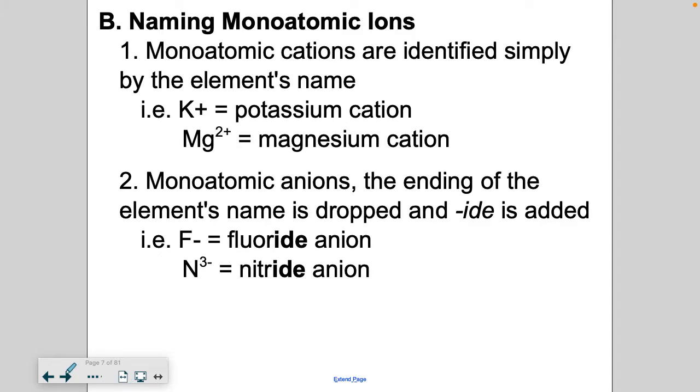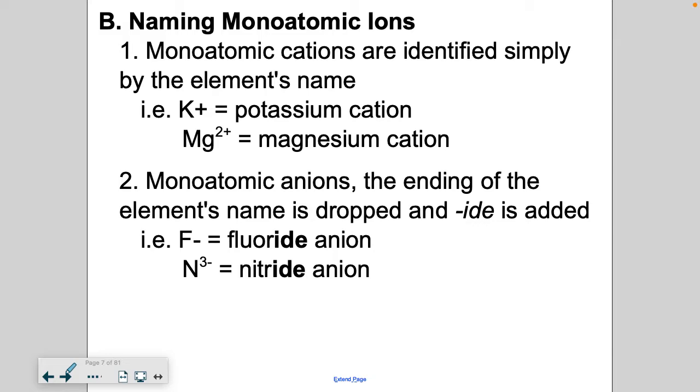So naming monoatomic ions differs between positive ions, cations, and negative ions, or anions. When you name a positive ion, a cation, basically you state the element's name, and then you just say cation at the end. So K+ with the +1 charge, potassium cation. Magnesium +2, magnesium cation.